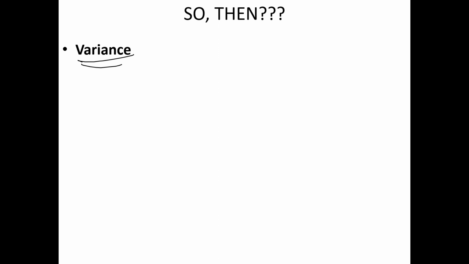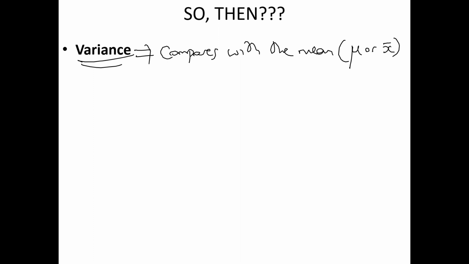Okay. The variance compares with the mean. I told you it may be the mu or x bar. How does it compare? I will firstly put the formula here and then do the example.